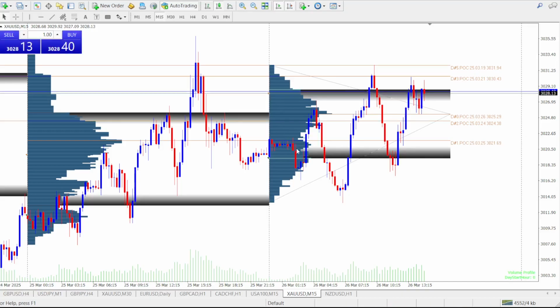So the indicator's value area represents the equilibrium between buyers and sellers, and the tails help you see where the market has rejected certain price levels.